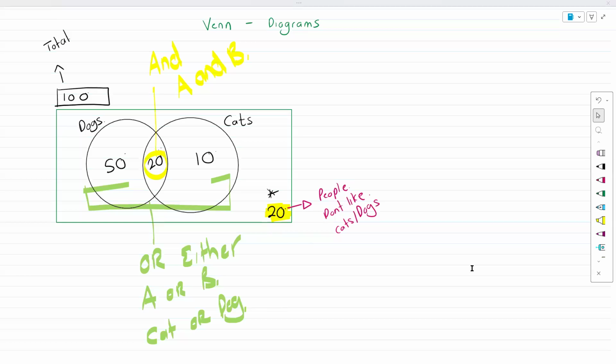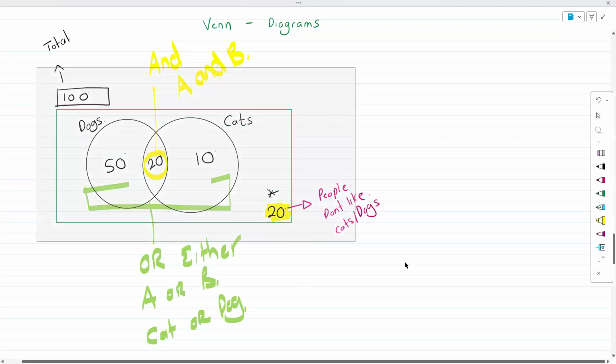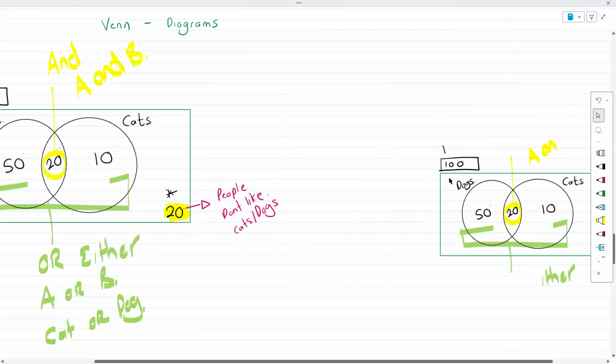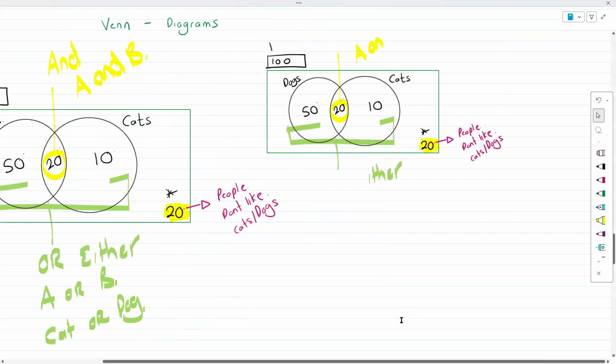Okay. There's one question I'd like to do before we move on. I'm just going to copy this. I'm going to put it here. I'm going to paste. And this question is annoying. But once you understand it, we are good. So I'm going to remove some stuff.